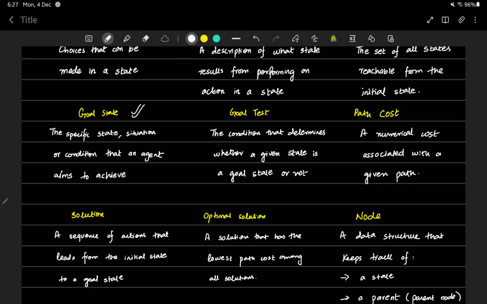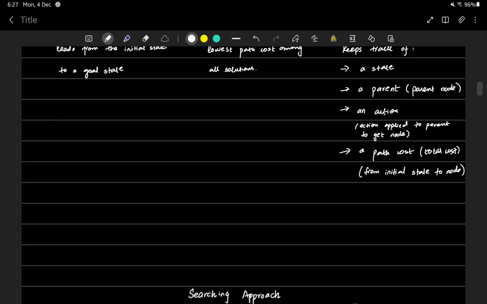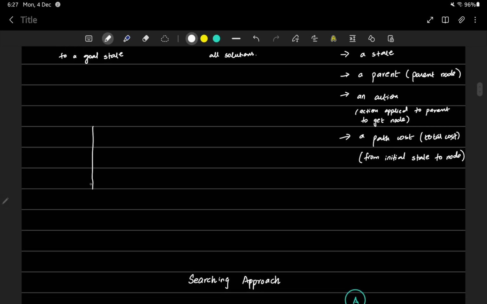It's pretty obvious. It's the specific state where you know the state, situation, or condition that an agent wanted to be, right? Or in other words, the specific state, situation, or condition that an agent aims to achieve. Now I'll clear this a bit more.